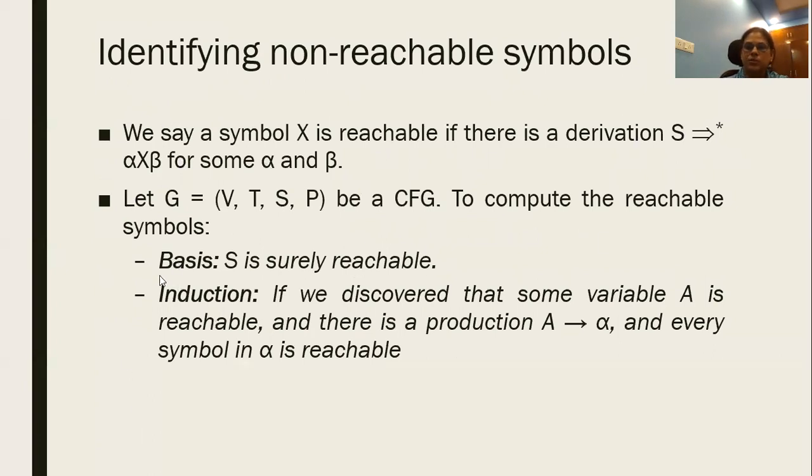The first step, which is the basis process, is applied only once, and the inductive process is to be applied repeatedly. Obviously S is reachable, as S is the starting symbol. Now if there is a production A derives alpha and A is reachable, then every symbol in alpha is also reachable.